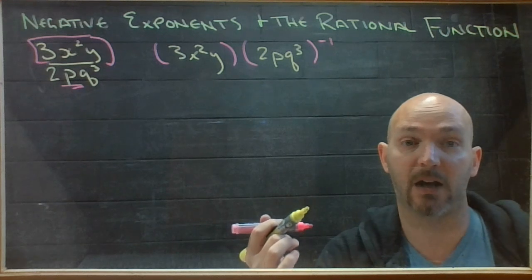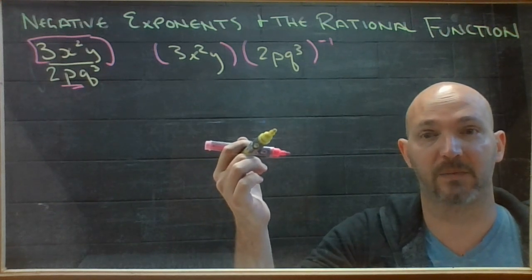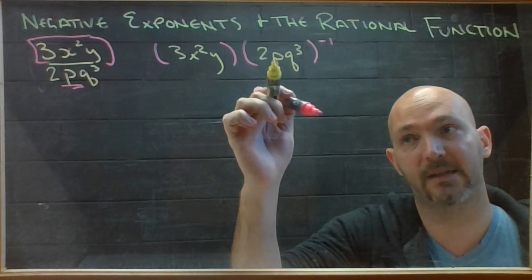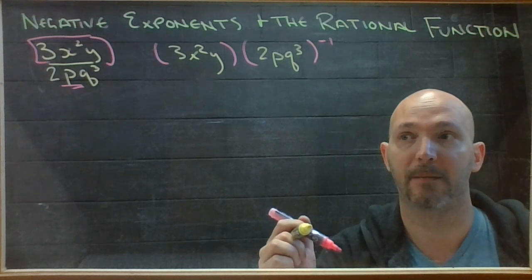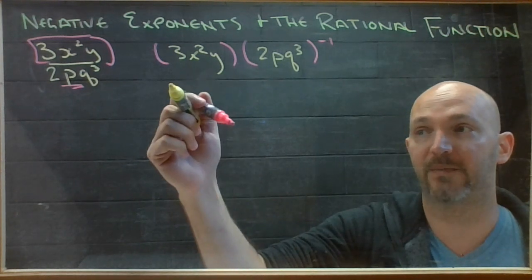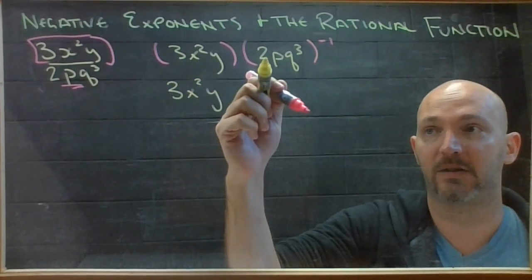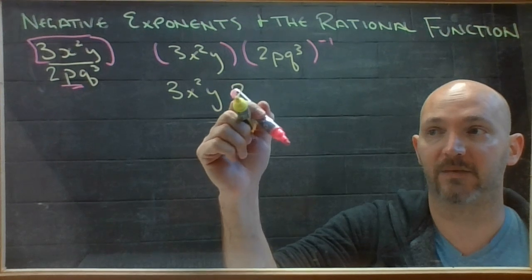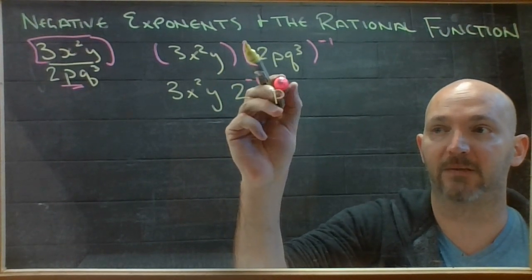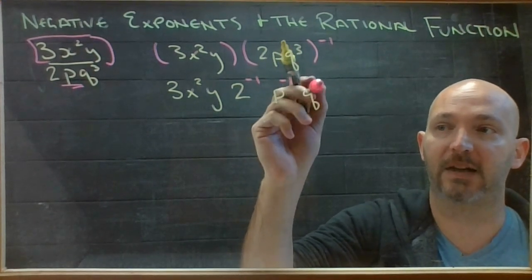Now from there, I can apply the exponent laws that we were doing before. This exponent applies to this and this and this because it's all multiplying in there. So I have 3x squared y, 2 to the exponent -1, p to the exponent -1, and q to the exponent -3.